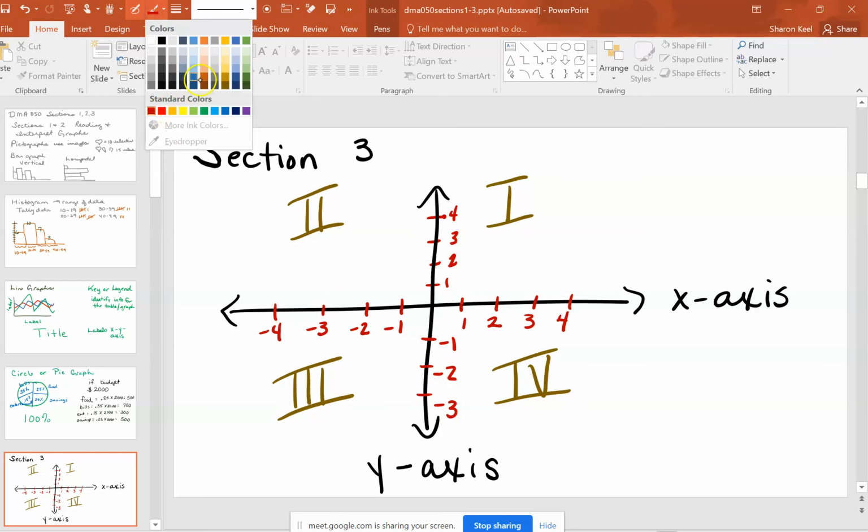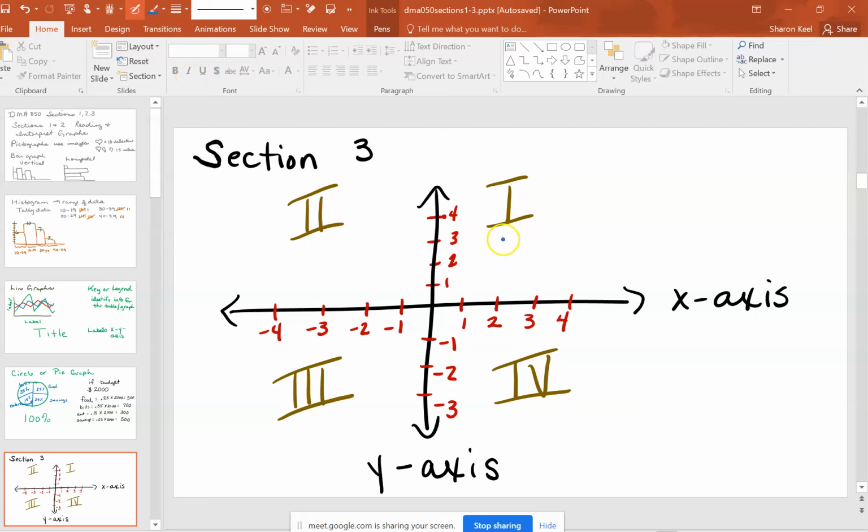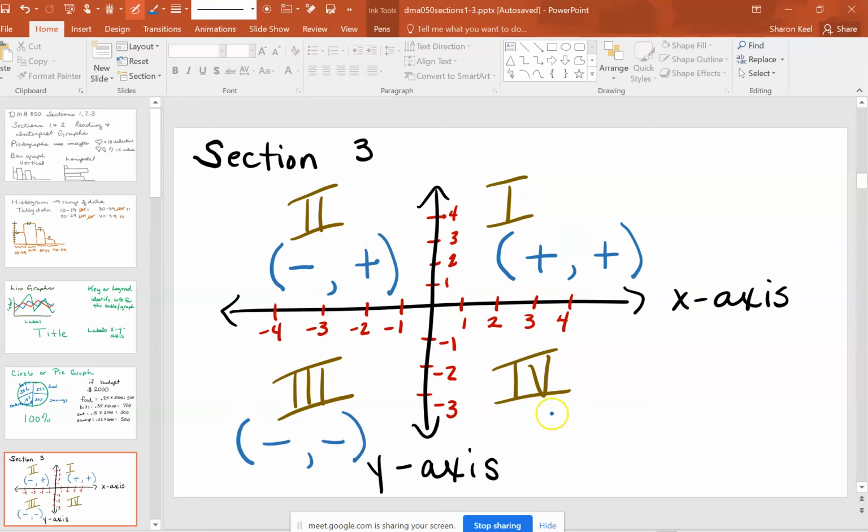If we are graphing something in each of these ordered systems, in this first system, our x is positive and our y value is positive. In quadrant 2, our x is negative, but our y value is positive. In quadrant 3, both the x and y are both negative.